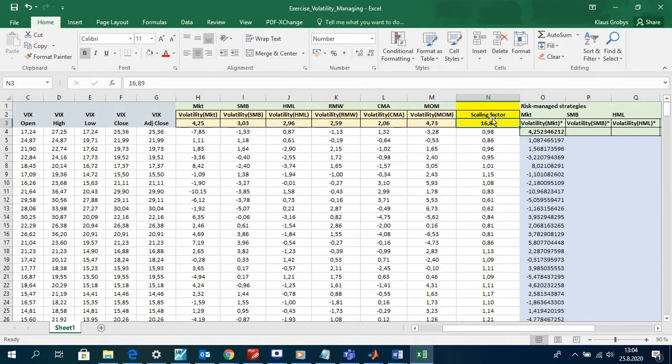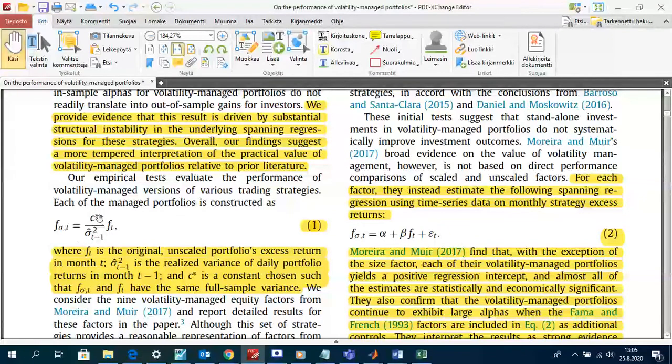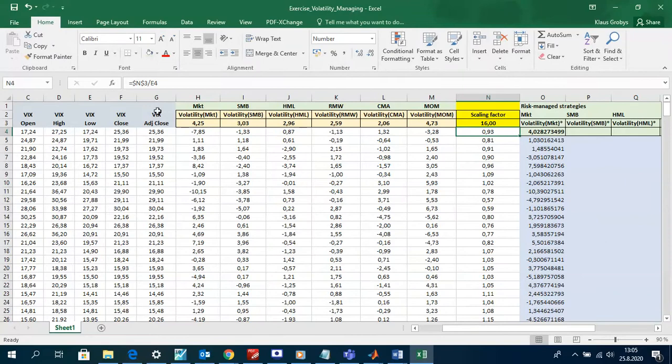Okay, so we can start with 16, and what we would have here is the scaling factor divided by the first value of this, like this C star divided by a measure for the volatility, would be basically the scaling factor, which is here in this blue field, 16, divided by VIX.